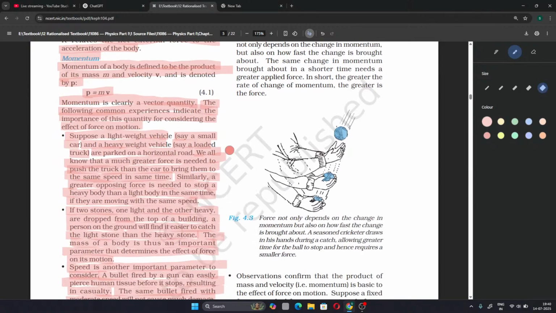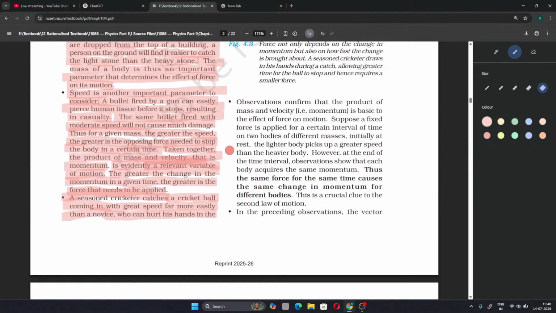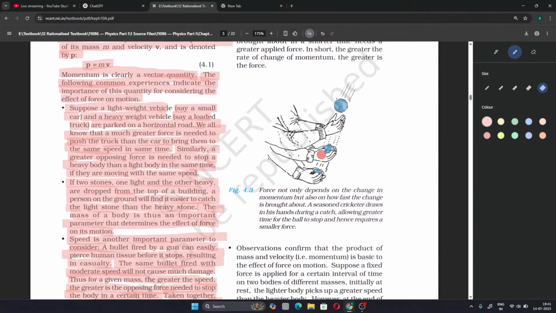Basically, if you see the difference between a novice player and a seasoned cricketer catching the ball coming at great speed, the cricketer can catch the ball more easily and more efficiently than a novice.